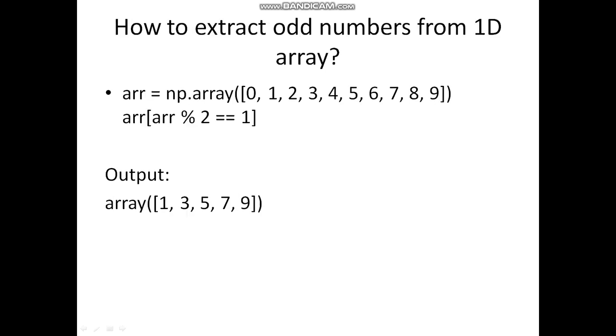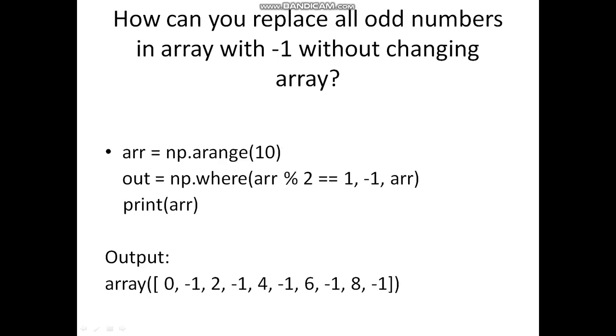How to extract odd numbers from a 1D array. So array is equal to np.array, and here you can see you have to do modulo 2 is equal to 1. For an array we are performing this, and the output will be 1, 3, 5, 7 and 9. This is how you create a one-dimensional array in NumPy.